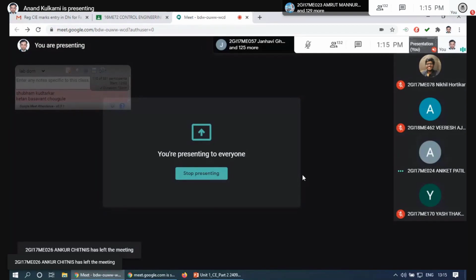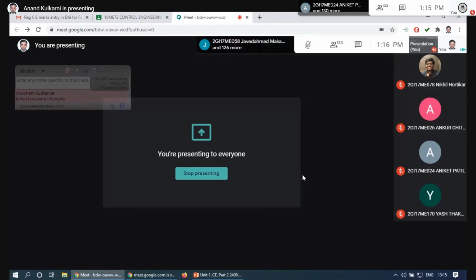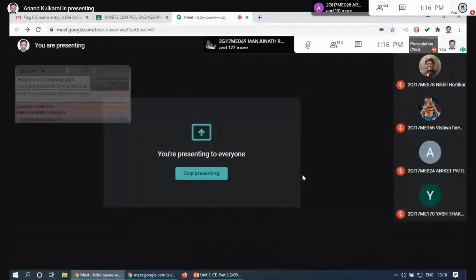No, that you have understood now. What we are going to do here is relate the input and output. So what is the input in terms of a mechanical system? It will be the force you are applying. Suppose you take a car. You apply the force on the accelerator pedal and then the vehicle moves with some velocity.